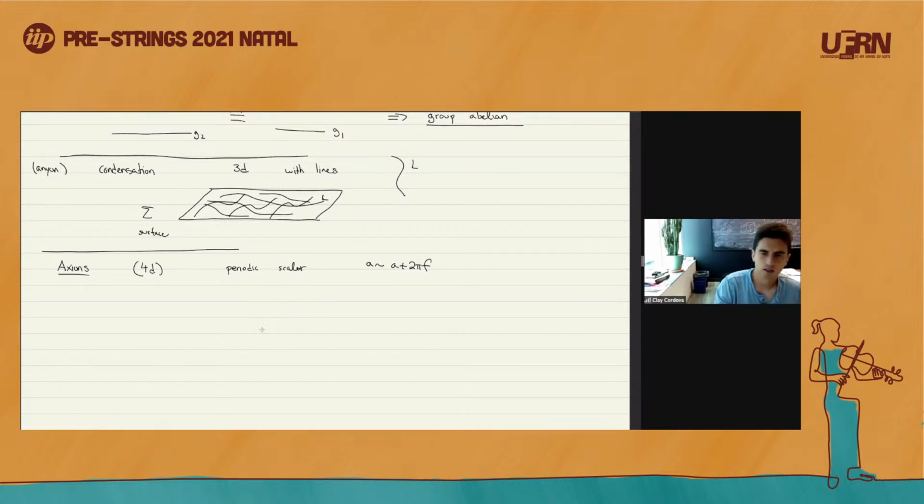And okay, so the action is as usual. The action is (∂_μ A) squared. Okay, so what are the symmetries?